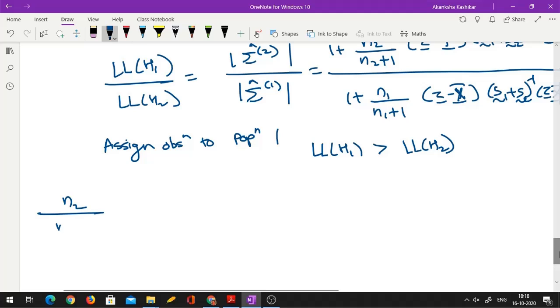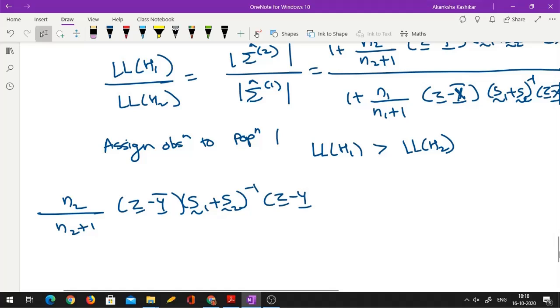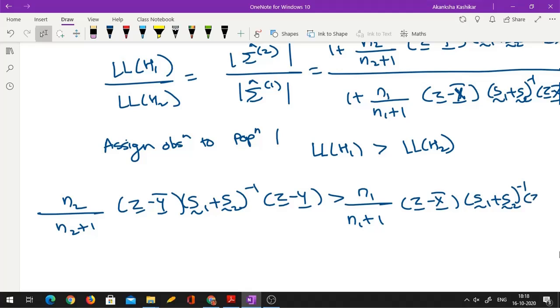N2 upon N2 plus 1 (Z − Y bar)' (S1 + S2)^-1 (Z − Y bar) being greater than N1 upon N1 plus 1 (Z − X bar)' (S1 + S2)^-1 (Z − X bar), with primes at both the places.